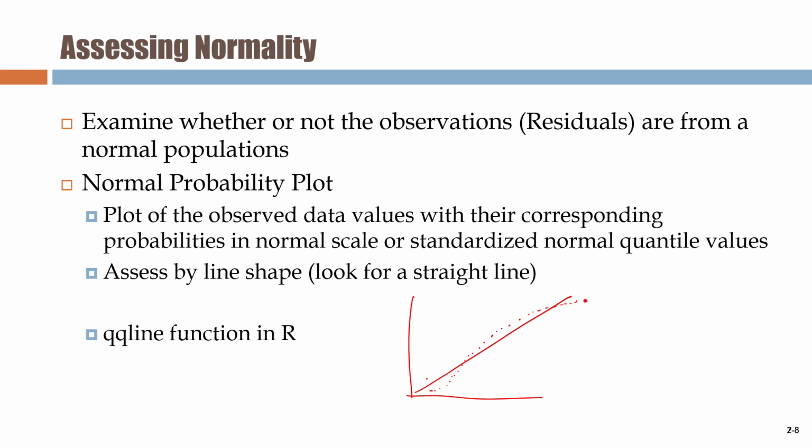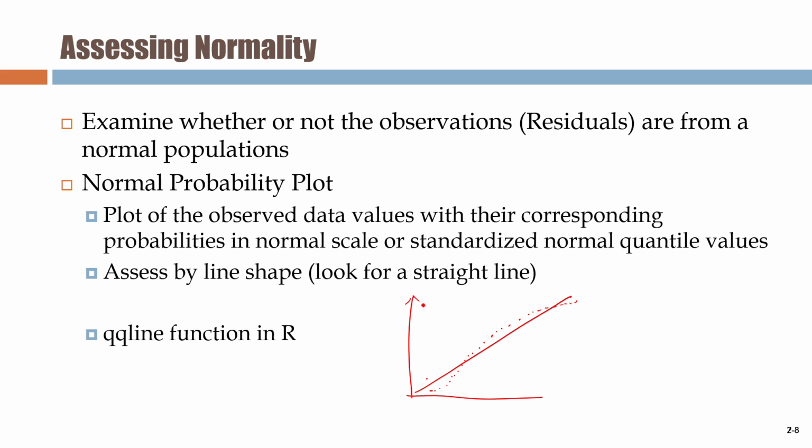It depends on how far off your dots are from this line. Ideally, if all the residual dots fit perfectly onto the line, then this is a perfectly normal distribution. But we cannot get a perfectly normal distribution. If all the dots are close to the straight line, then you will be fine.